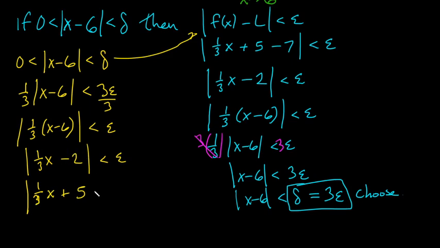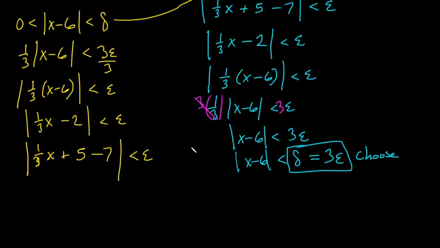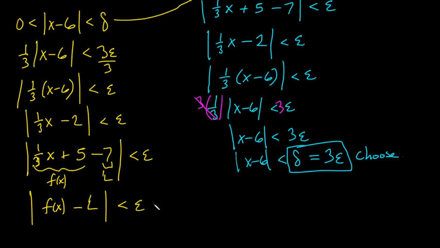But now to get to minus 2, I need a minus 7. 5 minus 7 is minus 2, and that's less than epsilon. And what that gives me is, if this is my f of x, and the 7 is my L, I have the absolute value of f of x minus L less than epsilon, which is what we wanted to prove in the first place. So it turns out this choice of delta, 3 times epsilon, was certainly good enough.